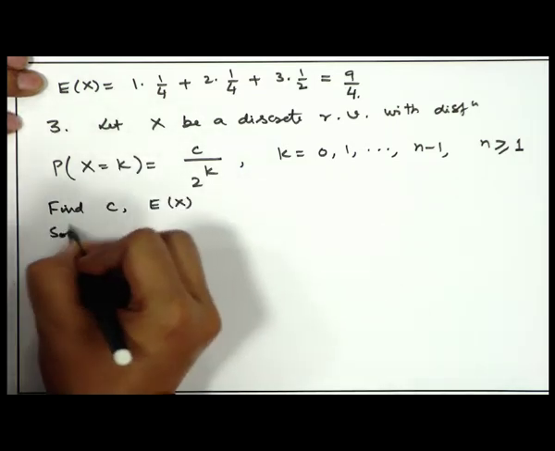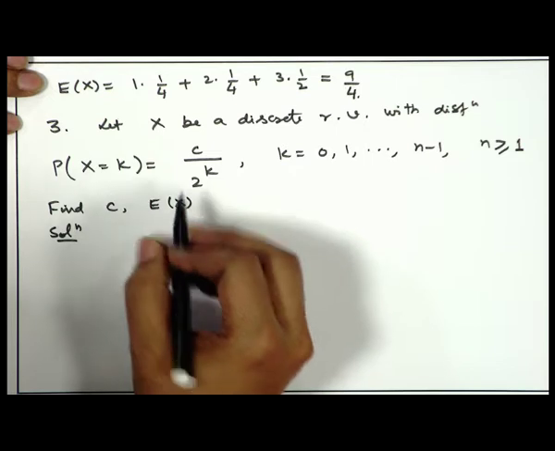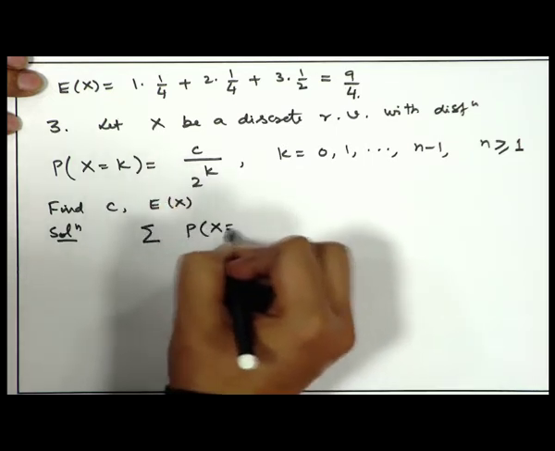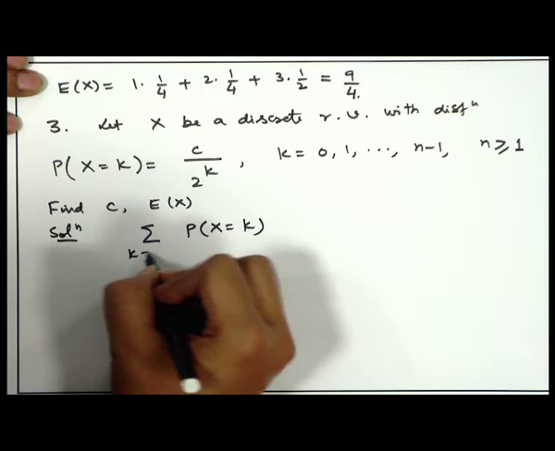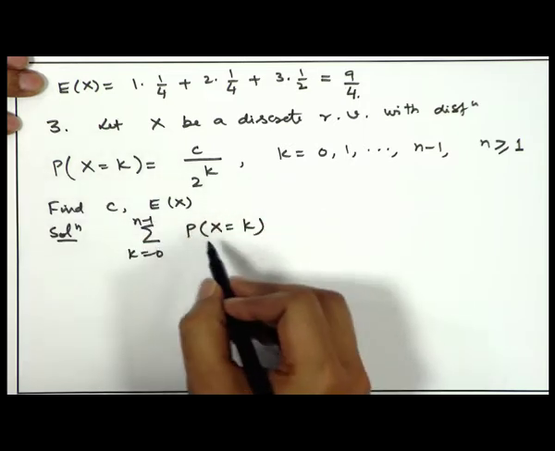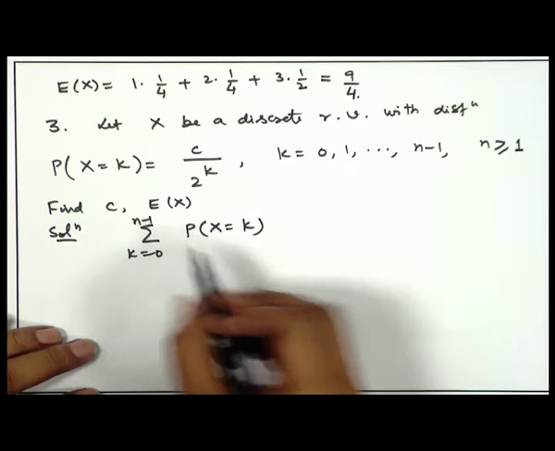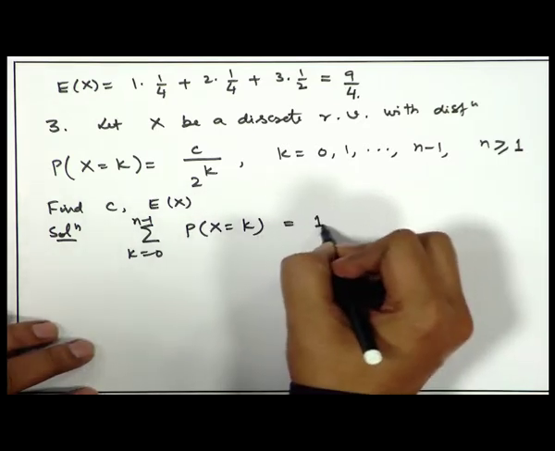Now if this is the probability distribution, then the sum of all the probabilities must be equal to 1, that is, the summation of probability x equal to k, k from 0 to n minus 1, must be equal to 1.